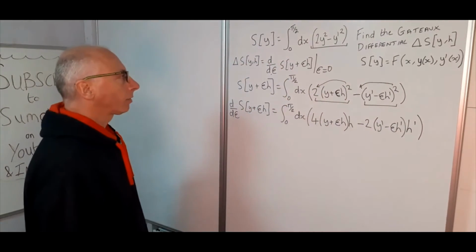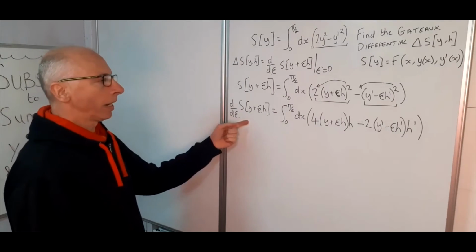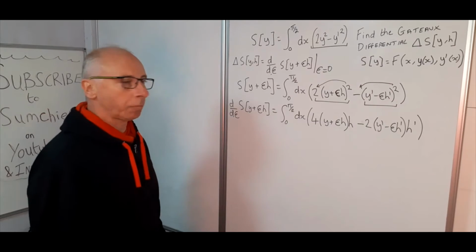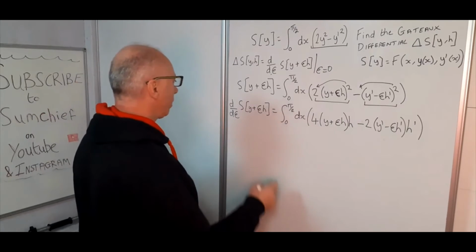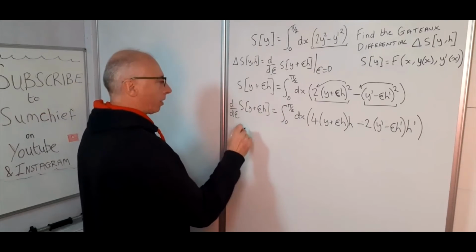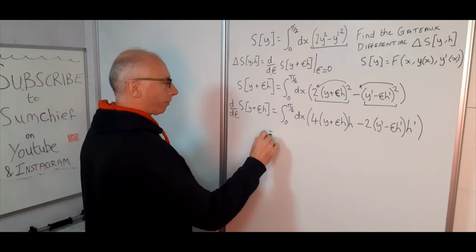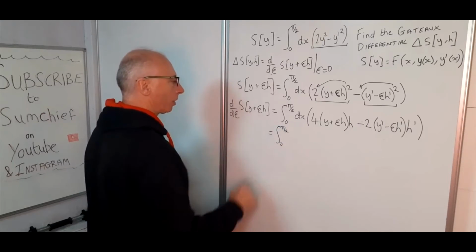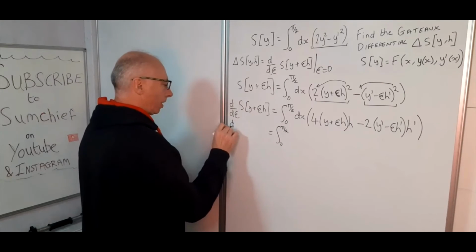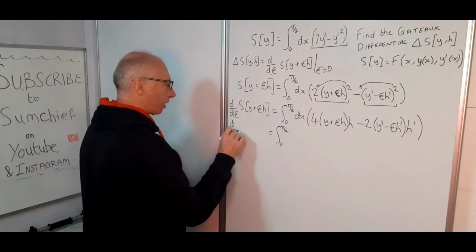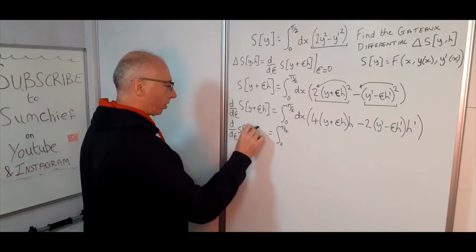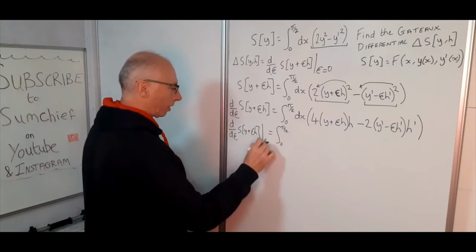Okay, so now what we need to do is take the limit as epsilon approaches 0, which is basically plugging in 0 for epsilon. So now what we end up with is, from 0 to pi over 2, we write this down as the derivative with regards to epsilon of S(y plus epsilon h), all as epsilon approaches 0.